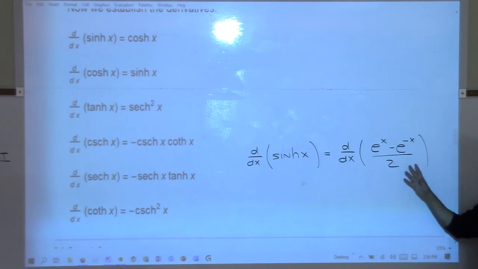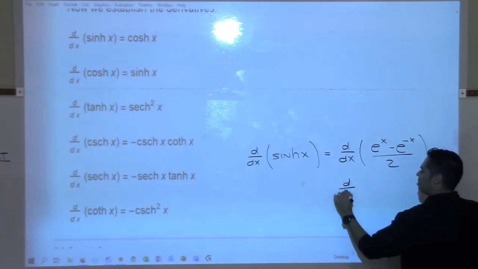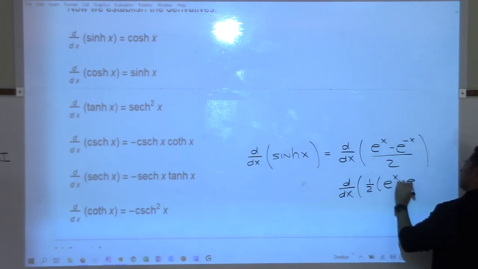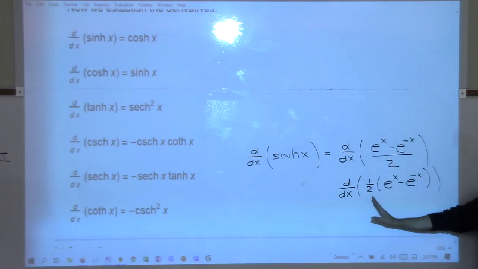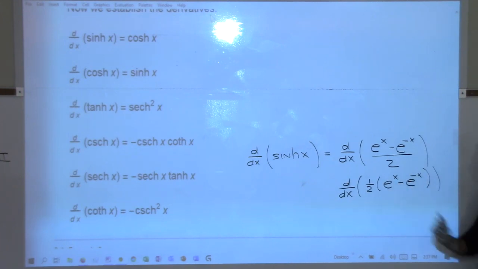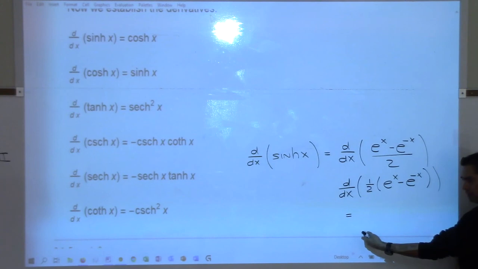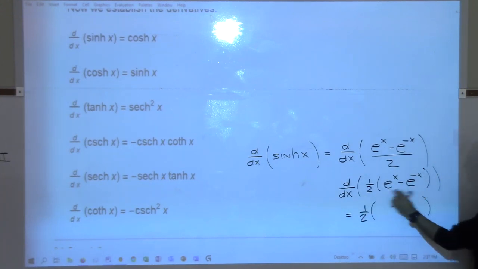So when I take the derivative of this, I can really look at that as being the derivative with respect to x of 1/2 times e to the x minus e to the negative x. In other words, that 2 on the bottom can just come out as a 1/2. And then we take the derivative here. Let's do it carefully. When you do a derivative and you have a constant in front, it just comes along for the ride. And now let's take the derivative of these term by term.